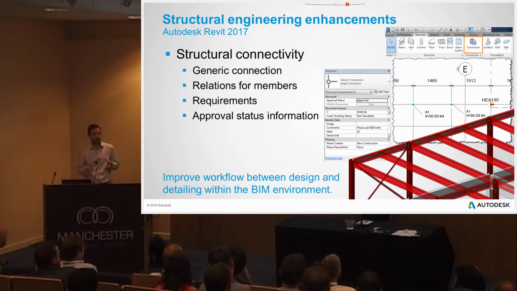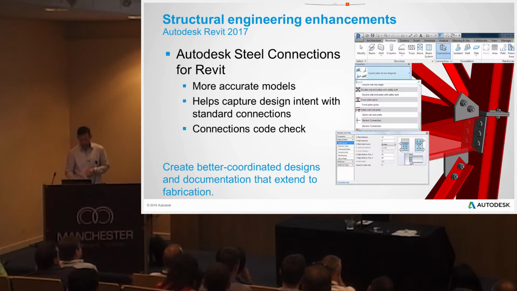So you may start off initially talking about the design intent, that sort of thing, as the model develops. And then further down the line, that moves from your structural connectivity into the connections themselves. So I'm just going to demonstrate this. So fingers crossed on this one.